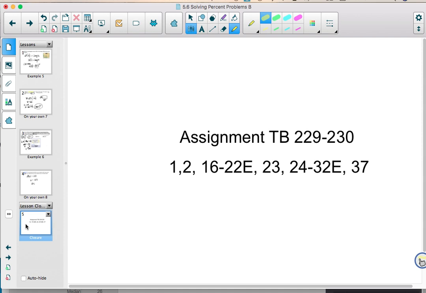Remember, 1 and 2 are always right there in the textbook. You just have to look between you and the author.